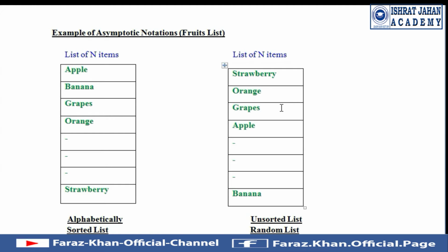If I ask you to find banana in a random list, we have to search the whole list because the list is not in sorted order. So the time complexity of finding banana in a random list would be O(n), right?